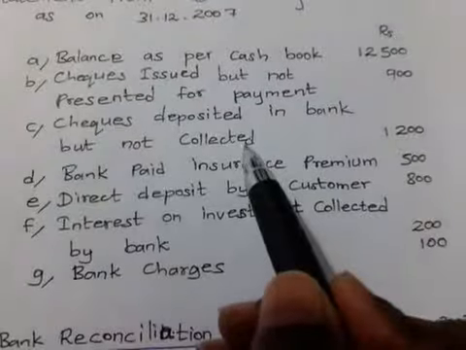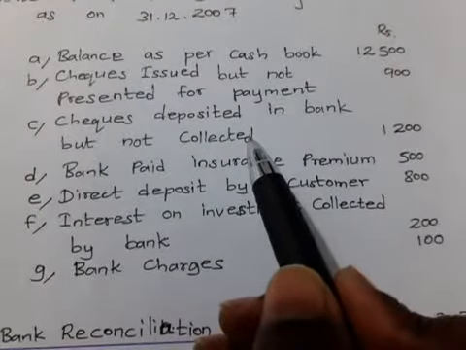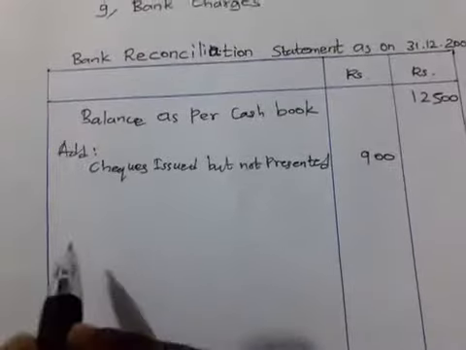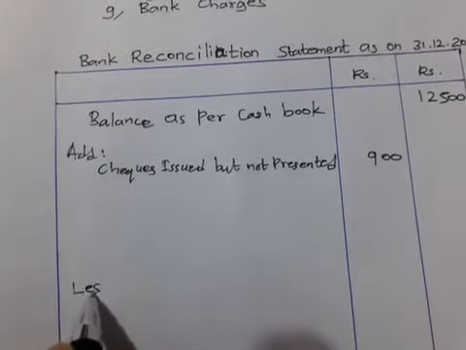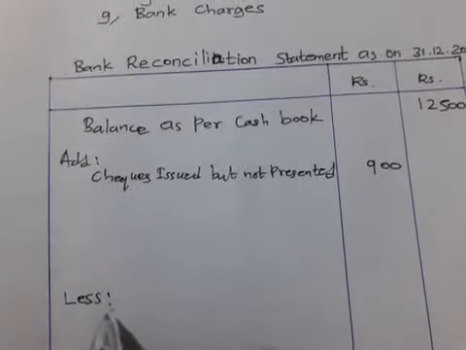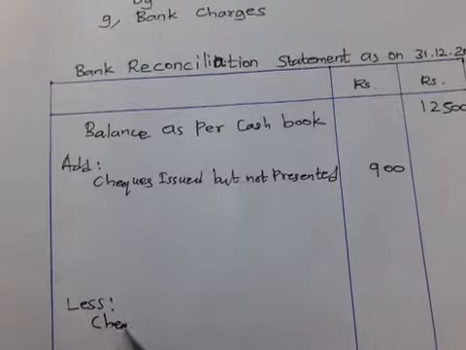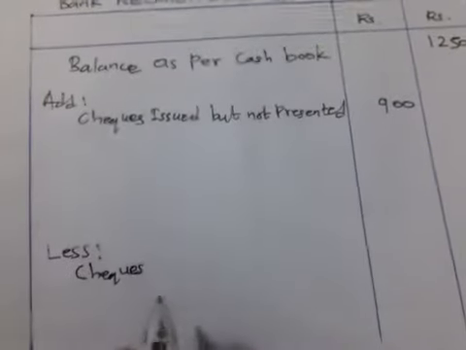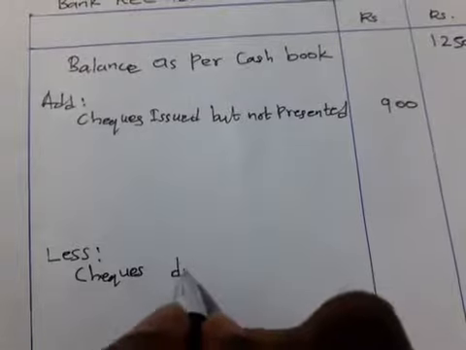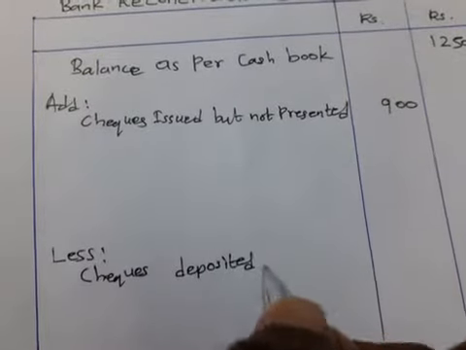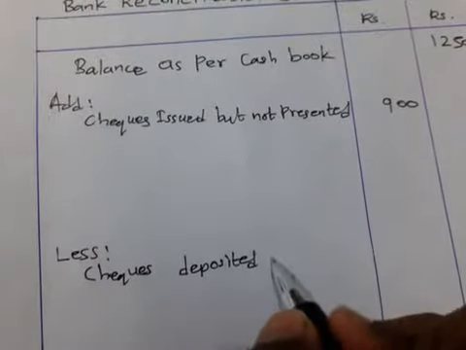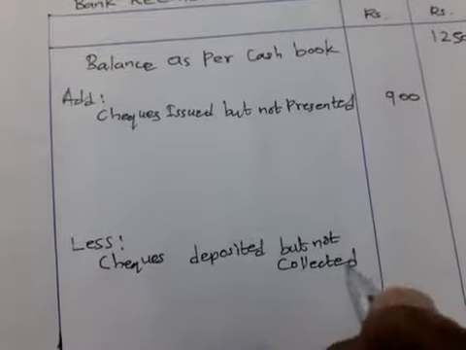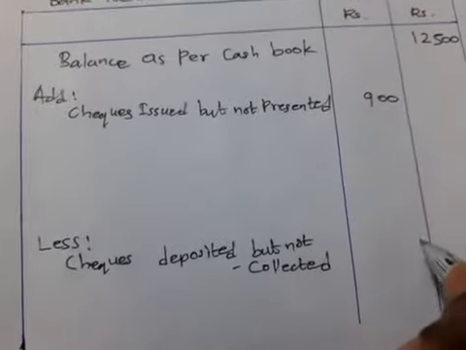So in the passbook, for the bank, till now it's not added. $1,200.